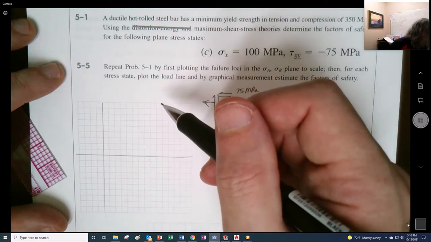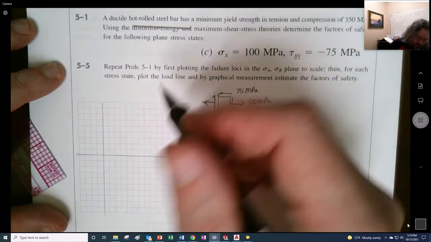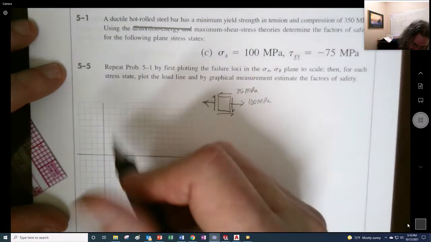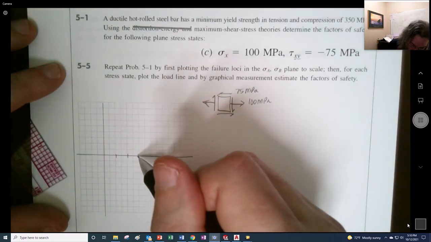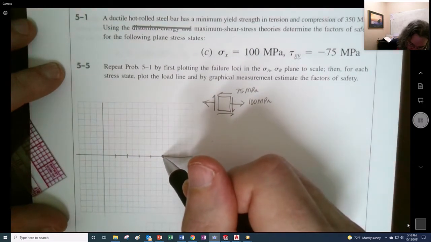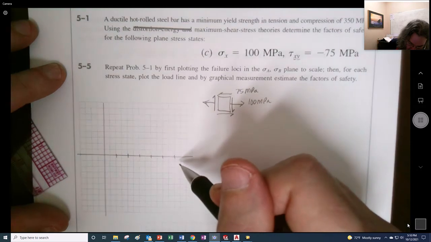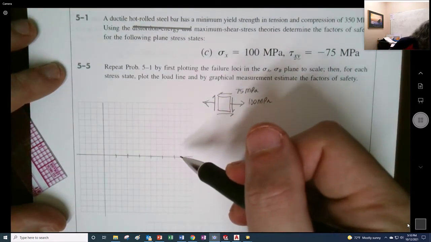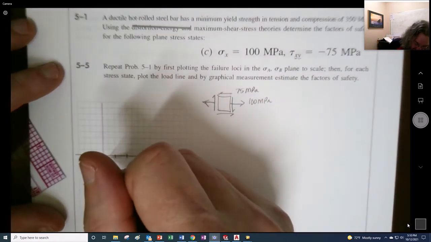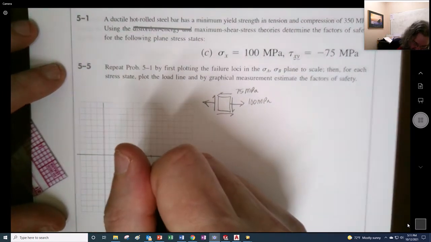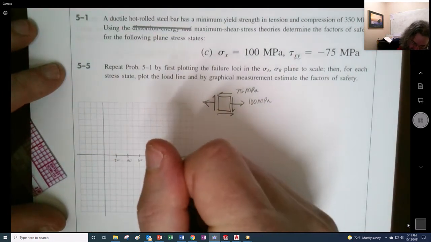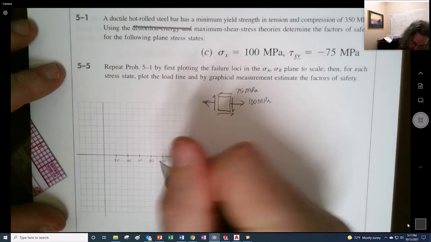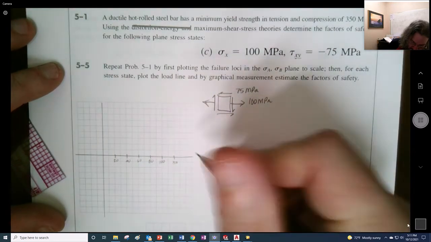I think I decided that each block was 10 megapascals, so it's going to go 10, 20, 30, 40, 50, 60. That's not good. Let me do a different one here. Each block, oh no, okay, sorry. So it goes 20, 40, 60, 80, 100 right there. And this is 120 and so forth.